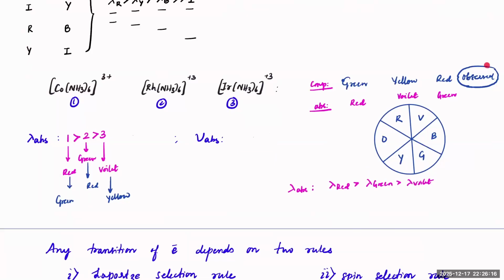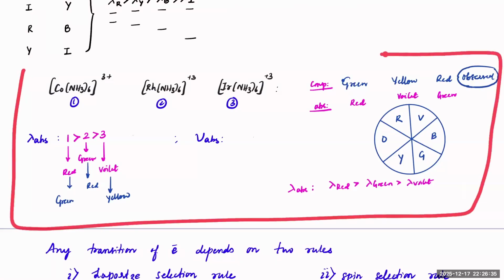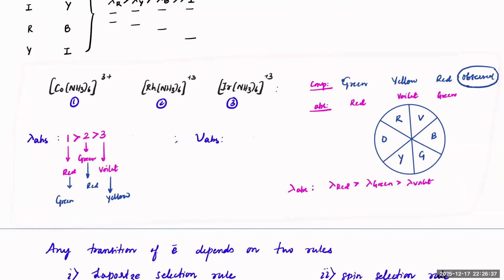Same way, if these are the absorbed colors, what are the observed colors? And which one is 1, 2, 3? Which one is red, which one is green, and which one is violet? You can see. So check this question. See if you have understood that or not.